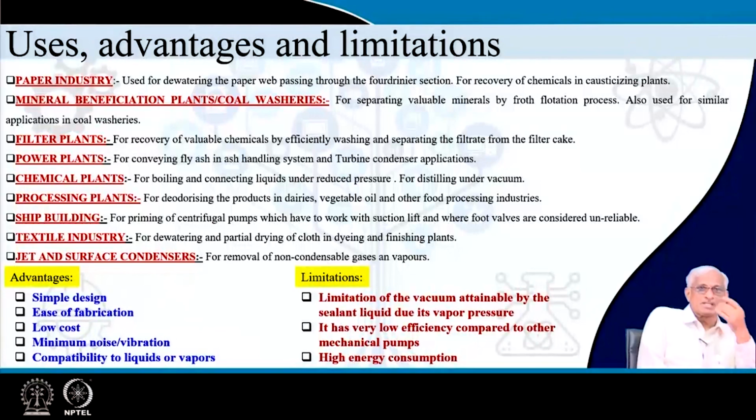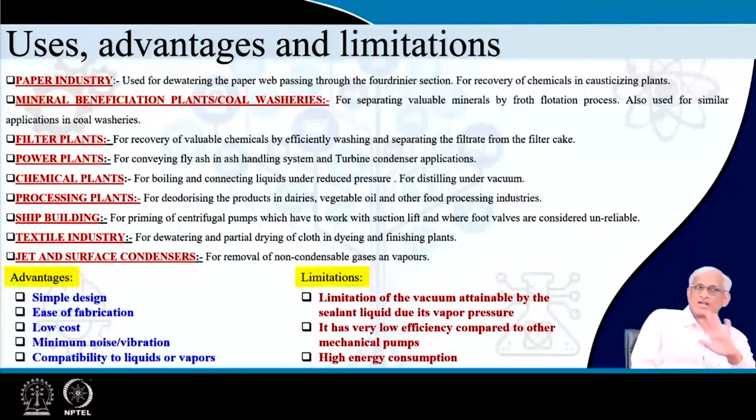So, I again repeat, the advantages of this water ring pump are: they are simple, ease of operation, minimum maintenance, low cost, compatible to various liquids, whether it is a pharmaceutical application or a chemical application, and they have some washing effects. They can also withstand particulate contamination, and they will produce a fairly reasonable vacuum of the order of 30 to 40 torr, limited mainly by the vapor pressure of that liquid, and they can nicely be used as backing pumps to the other medium pumps, which can produce 1 torr type of vacuum for some other special applications.